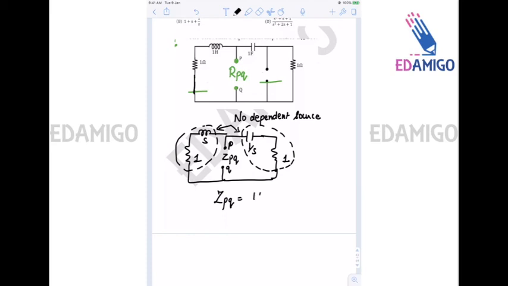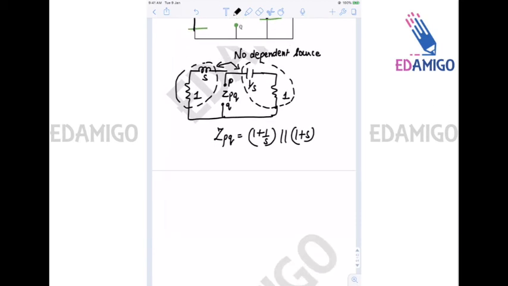So it is 1 plus 1 upon S parallel 1 plus S. So equivalent impedance will be 1 plus 1 upon S into 1 plus S divided by 1 plus 1 upon S plus 1 plus S.